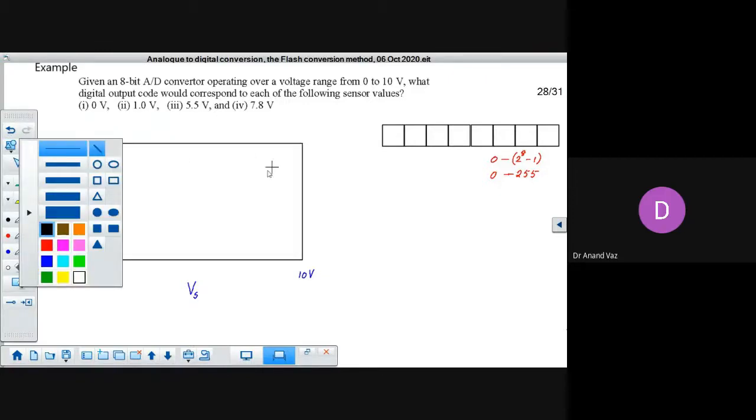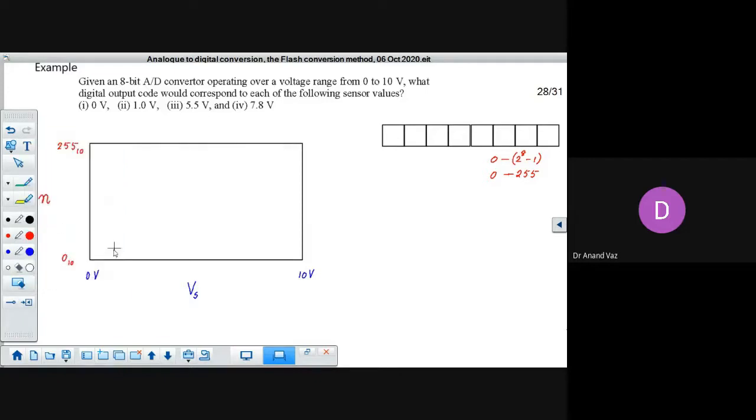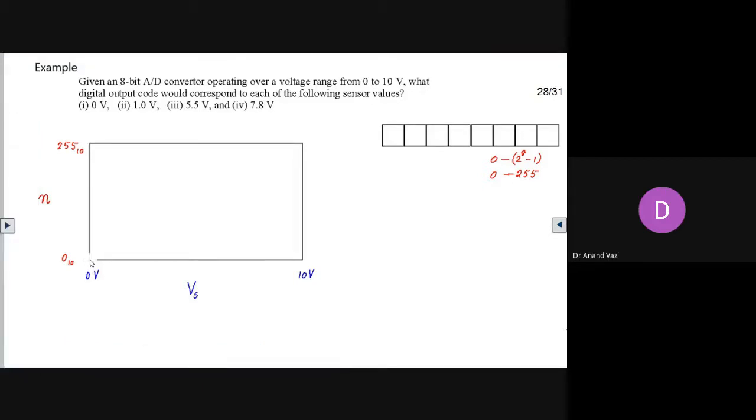We'll take this linear relationship, 0 volts corresponding to 0 and 10 volts corresponding to 255.